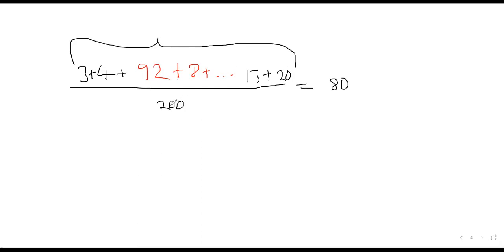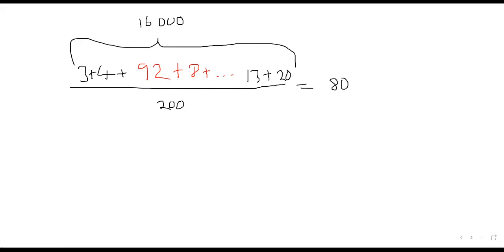So when we cross multiply this one times that one, we get 16,000. These figures you are seeing there, their mean was 80. Is that clear so far on the statement?